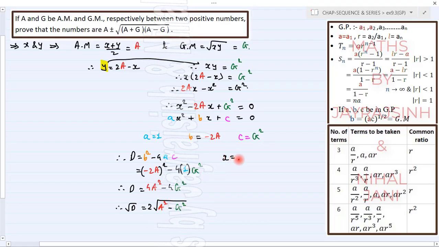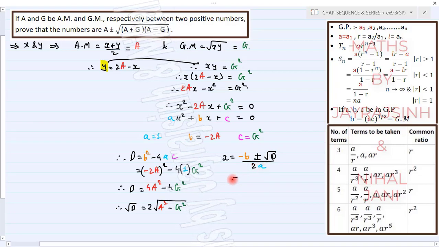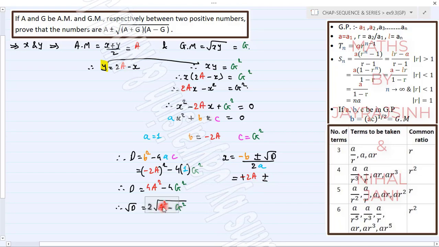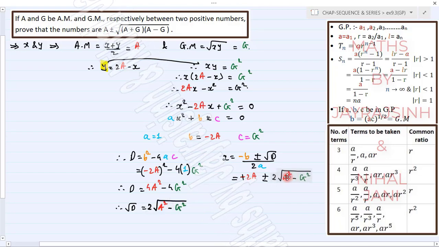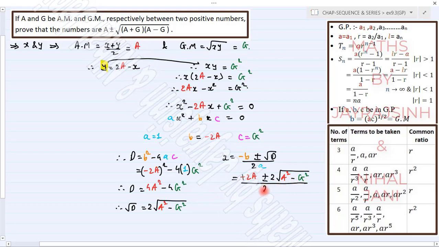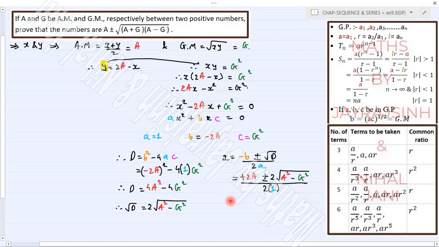So we are ready to get the value of x using minus b plus or minus root D upon 2a, where b is minus 2A, so it will become plus 2A plus or minus root D, which is 2 times under root of A square minus G square, upon 2 times a, which is 1.